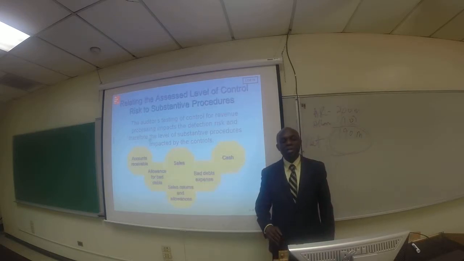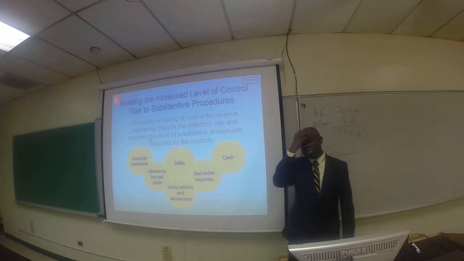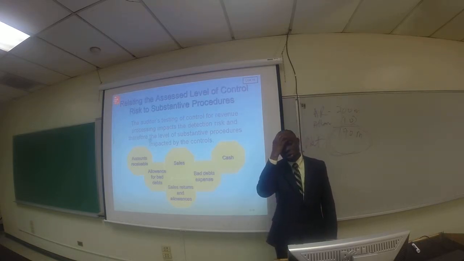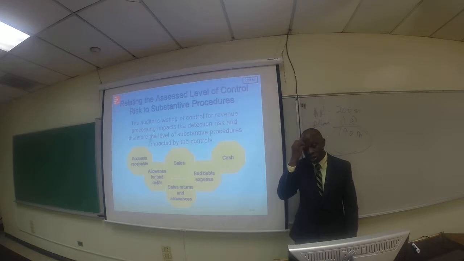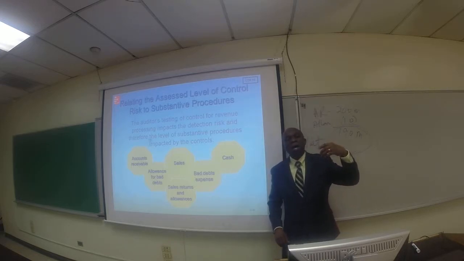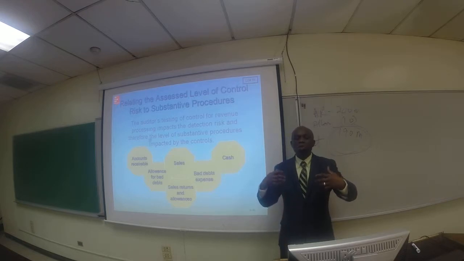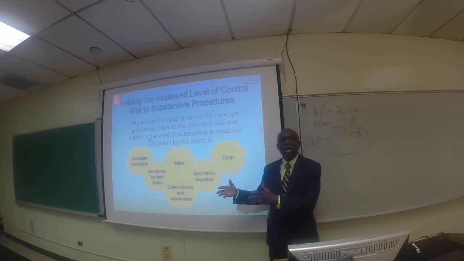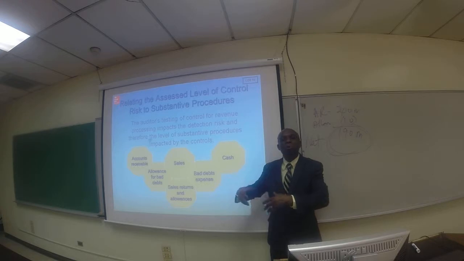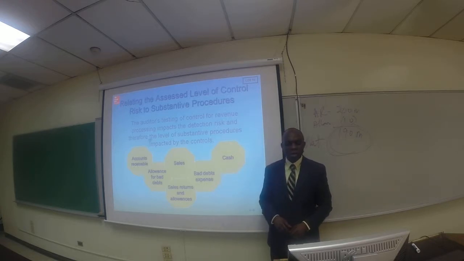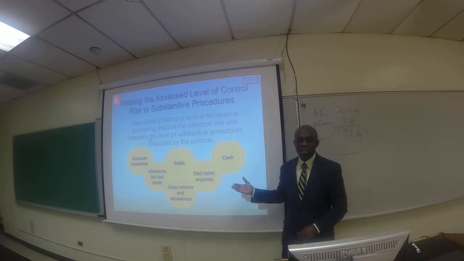Moving along, let's take a look at relating the assessed level of control risk to substantive procedures. What are we talking about here? The result of our assessment of the control risk has a direct relationship to how much detailed work we have to do. That is the substantive procedures in this area.